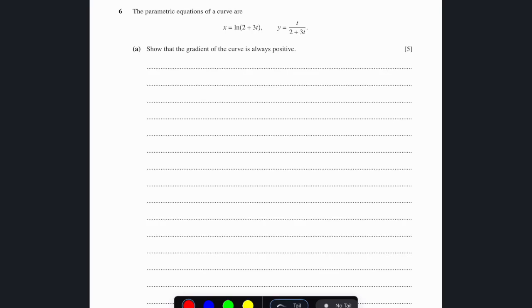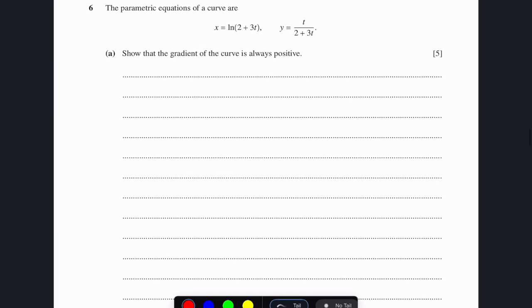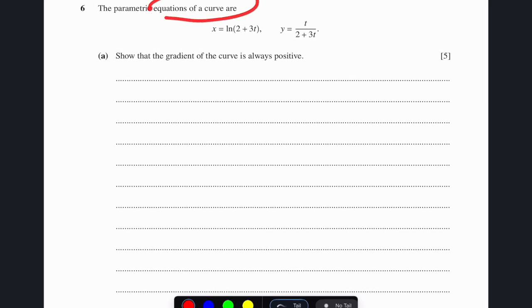Alright guys, now for number 6, it says the parametric equations of a curve are x is equal to ln(2 + 3t) and y is equal to t over (2 + 3t). Okay, and it wants to show that the gradient of the curve is always positive. Right.